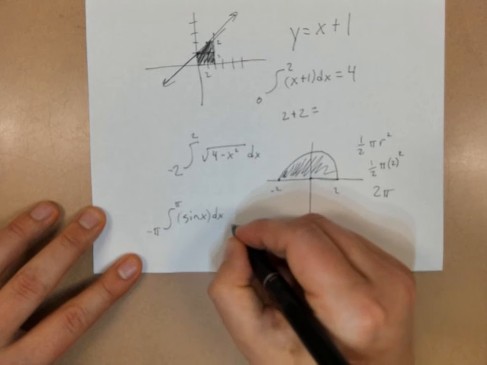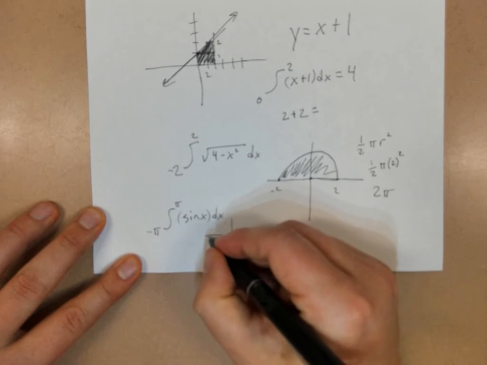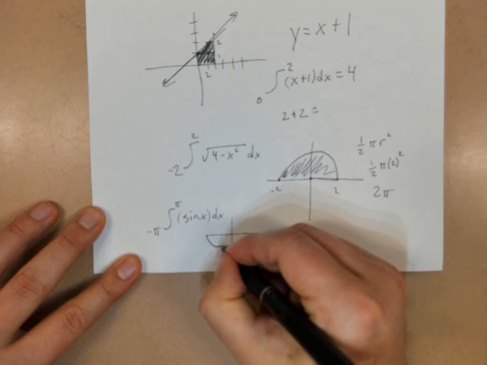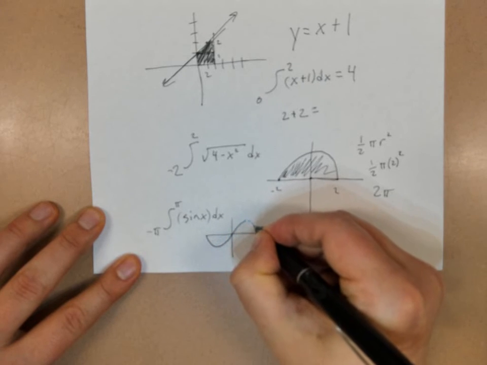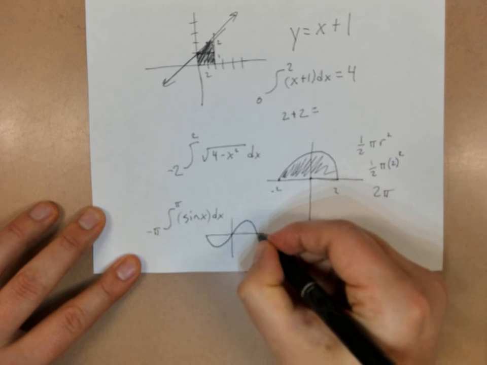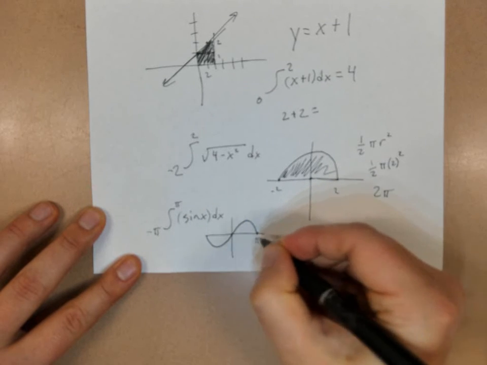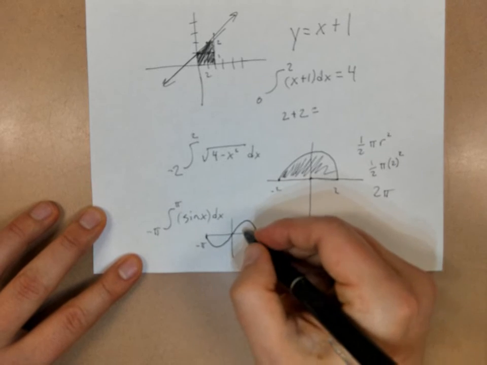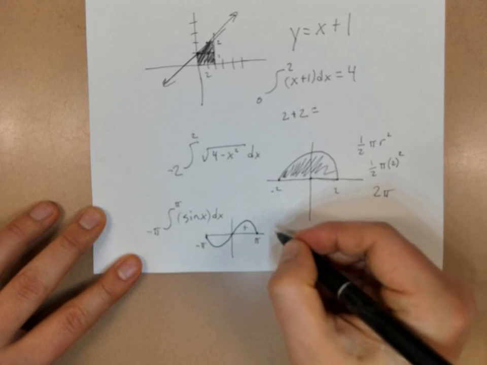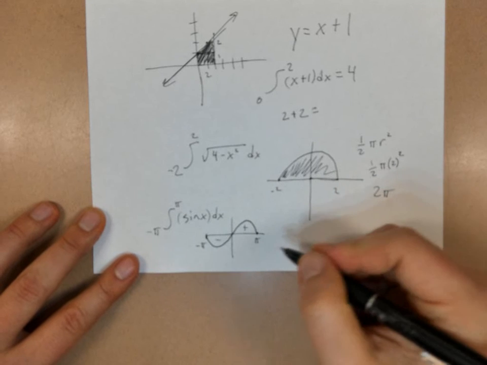The curve here would look something like this. Here would be pi, here would be negative pi. This area right here is going to be positive, and this area is going to be negative.